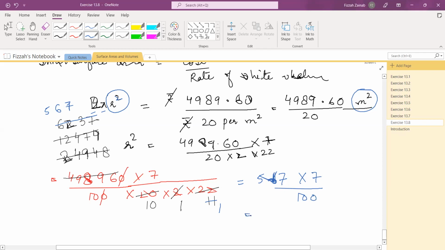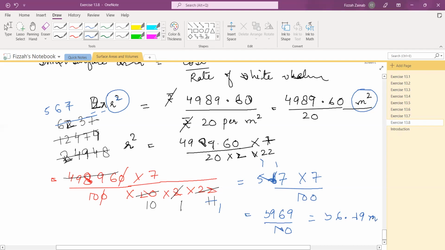Now you multiply this by 7. So 7 into 7 is 49. 7 into 6 is 42 and 4, 46. And then 7 into 5 is 35 and 4 is 39. So I am left with 3969 divided by 100, which is going to give you 39.69 meter square.